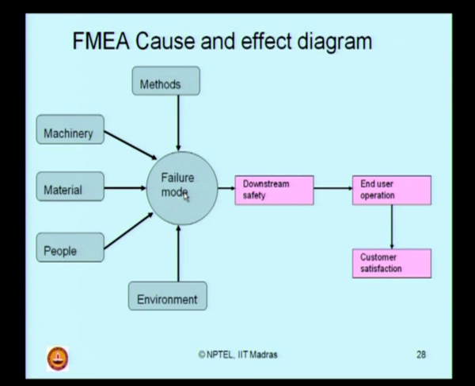Once you do that, then what is the downstream safety of that failure mode, what is the end user operation on that failure mode, and what is the customer satisfaction on the failure mode? So, these are all what we call effects, and these are all what we call causes.